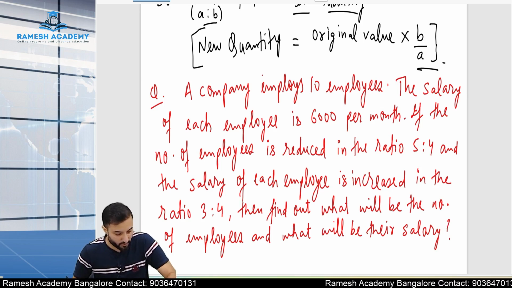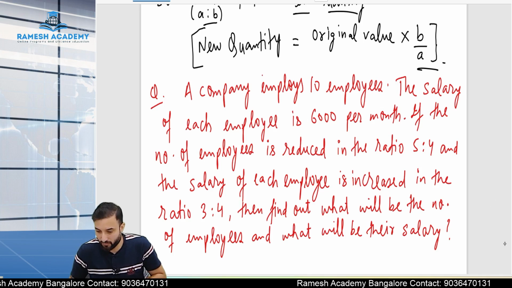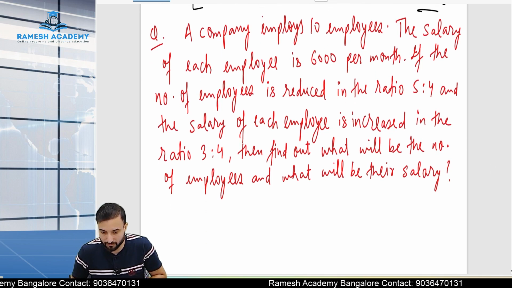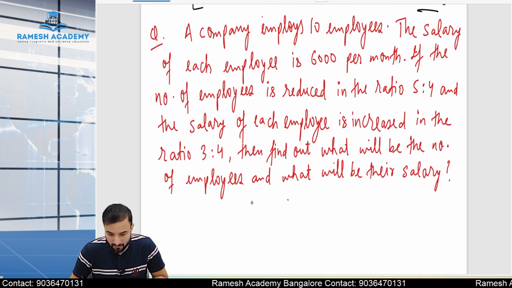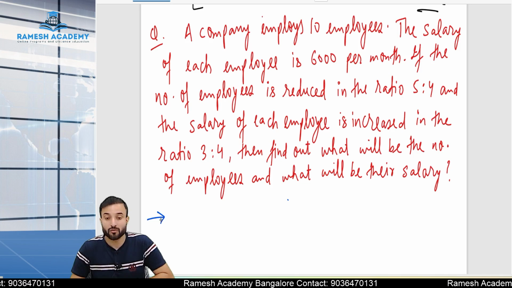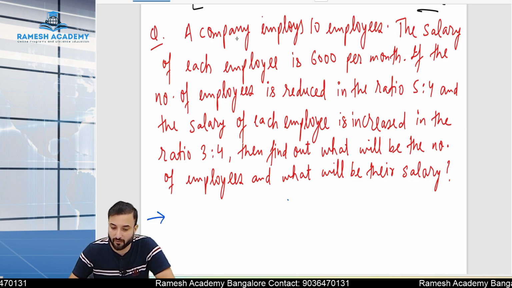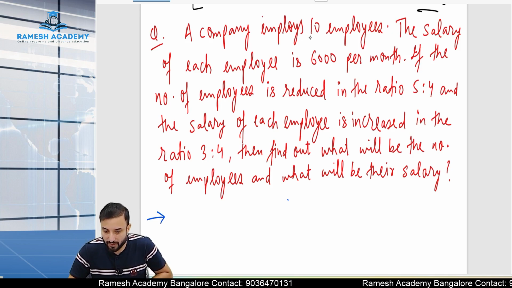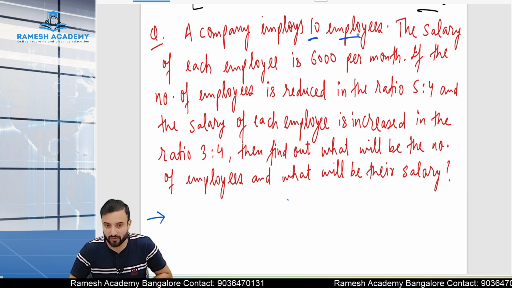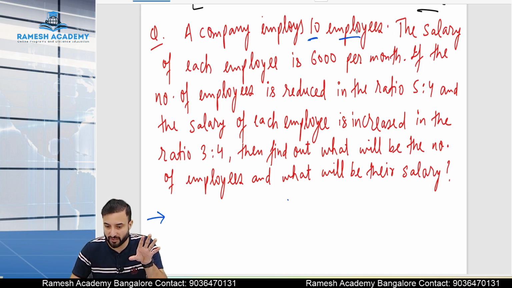So this is a question. What we have to do here is see what the question says. Question says that a company employs 10 employees. So employees are 10 and salary of each employee is 6,000.